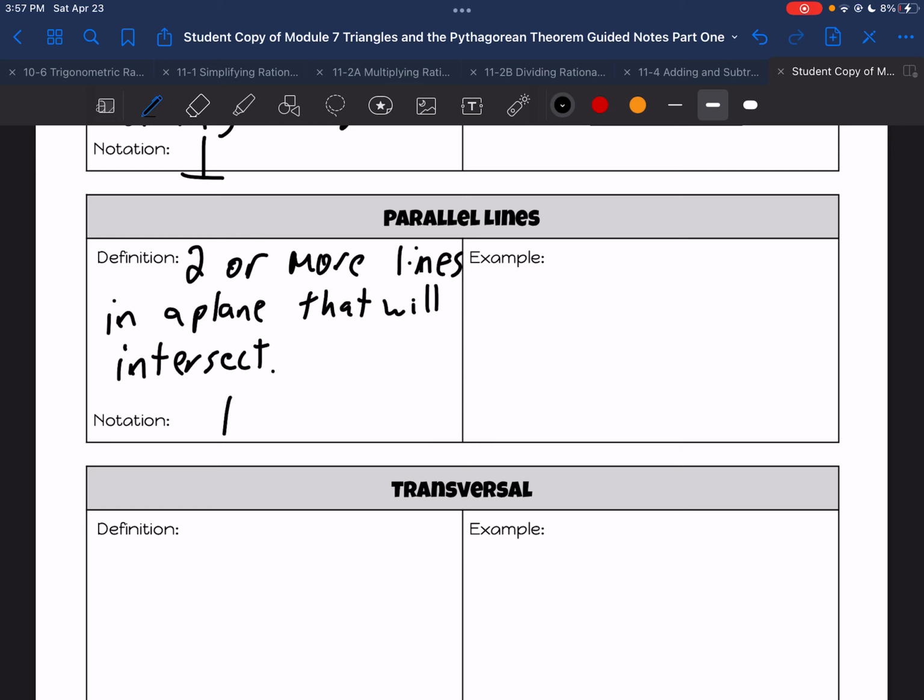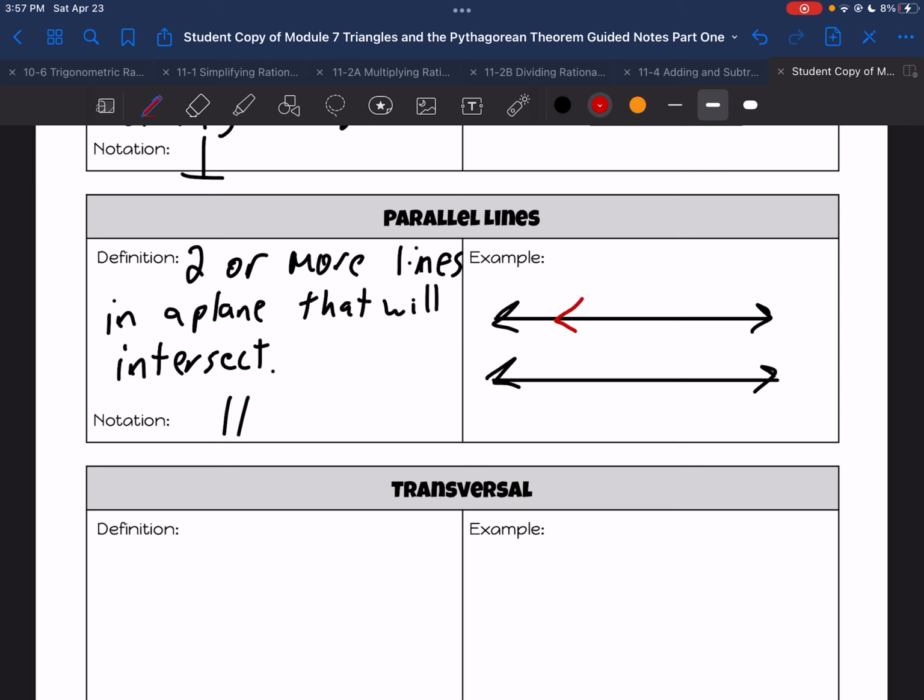Now, you see it symbolized a couple ways. One would be these two lines that look like just kind of two L's. That could mean parallel. And you'll also see it on little tick marks on the lines. So we have two lines here, and I'm going to draw my arrows to show that they are, in fact, lines, not just segments. And what you might see, there's two different ways.